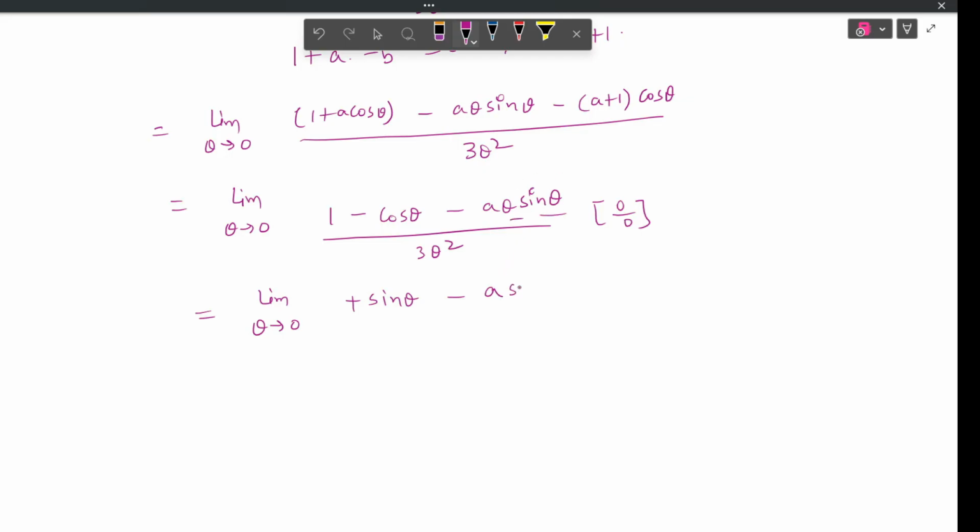If you keep sin theta, differentiation of theta is 1, and if you keep theta, differentiation of sin theta is cosine of theta, divided by 6 theta. If you put theta 0, it will be 0 by 0 form again.